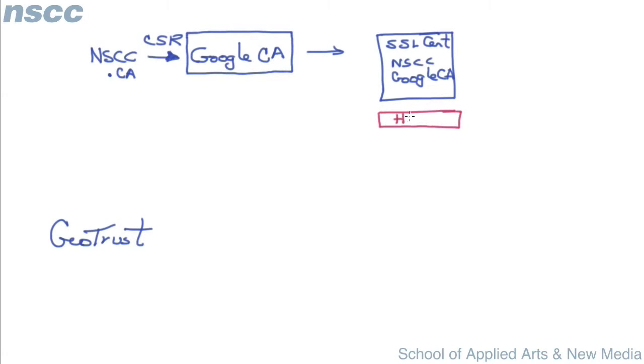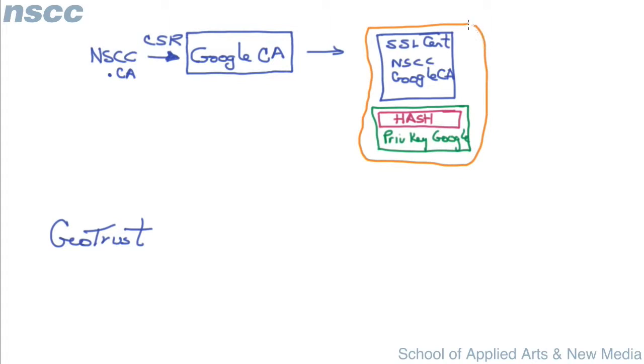It is going to make a hash of it, and it is going to sign that certificate with the private key of Google. And all this together is part of the SSL cert that is sent to NSCC, so that will be sent back. But what else is sent back?